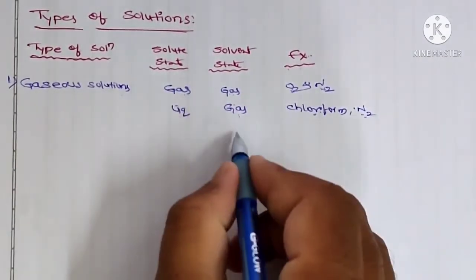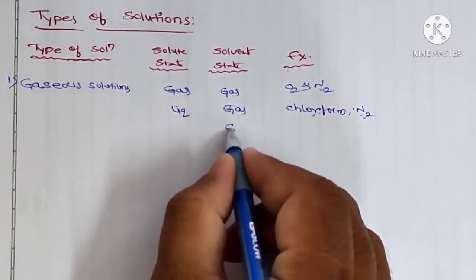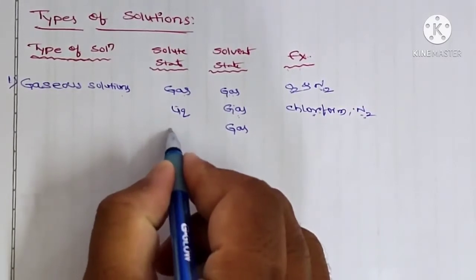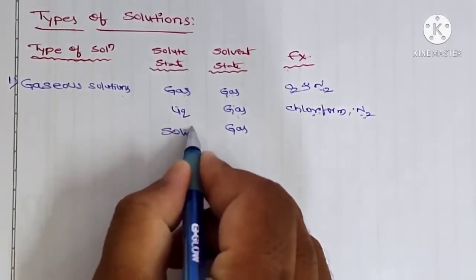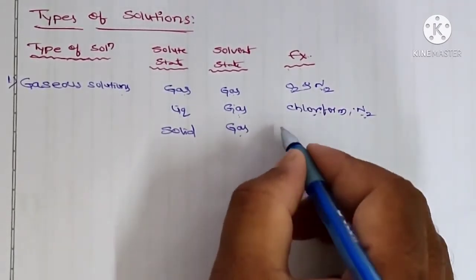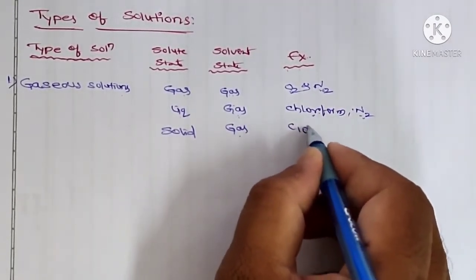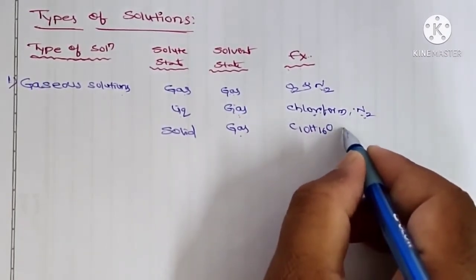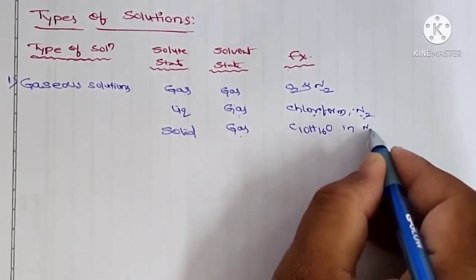The next one, the solvent is in gas state and solute is in solid state. So solid in gas, example, camphor, C10H16O. The camphor in N2 gas.